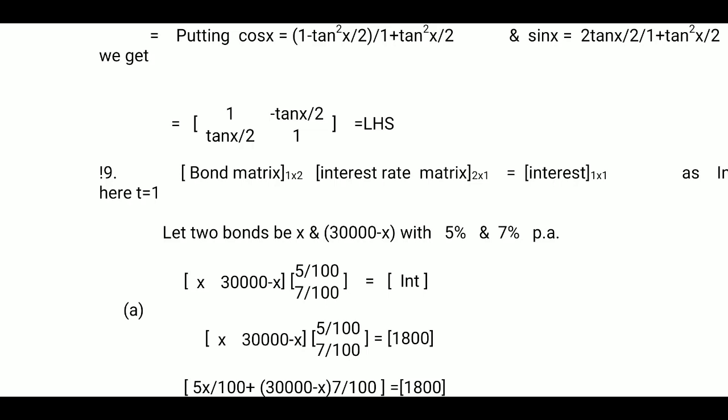P means here we frame the bond matrix of order 1 cross 2, and R means the interest rate matrix, which will be a 2 cross 1 matrix, because in multiplication the number of columns of the pre-matrix must be equal to the number of rows of the post matrix, and that will give you the interest matrix of order 1 cross 1.